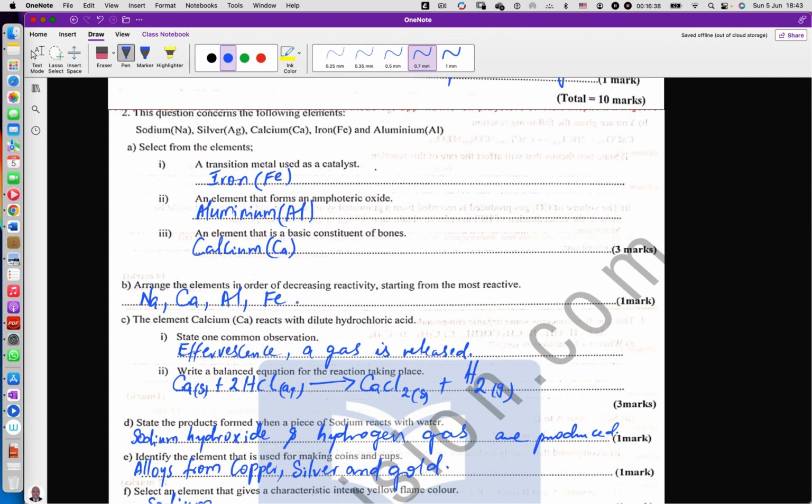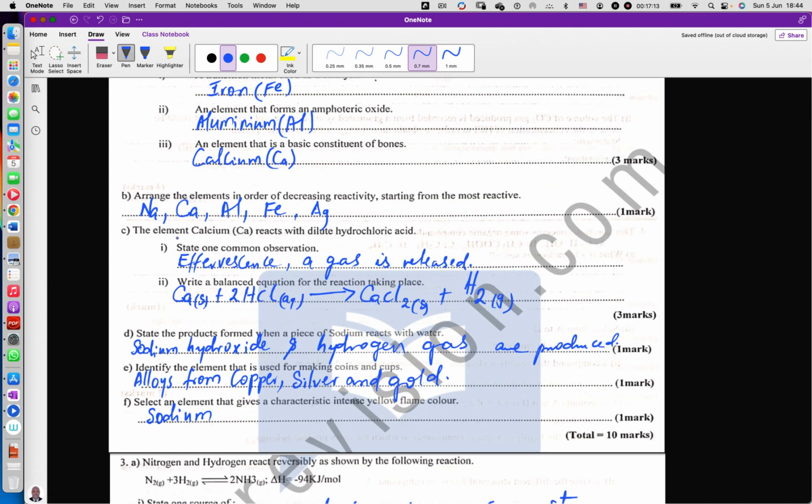Silver should be the least reactive one. So we have sodium, calcium, aluminum, iron, and silver.